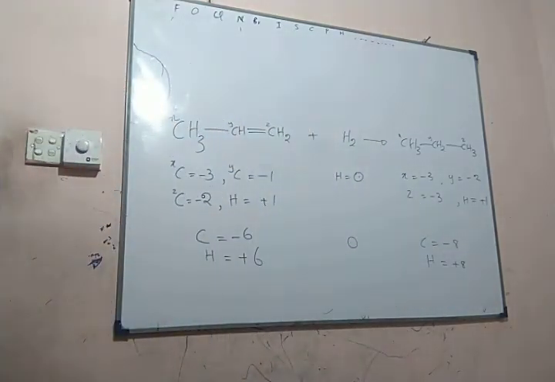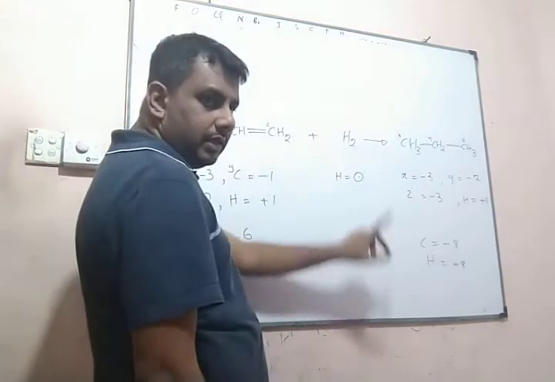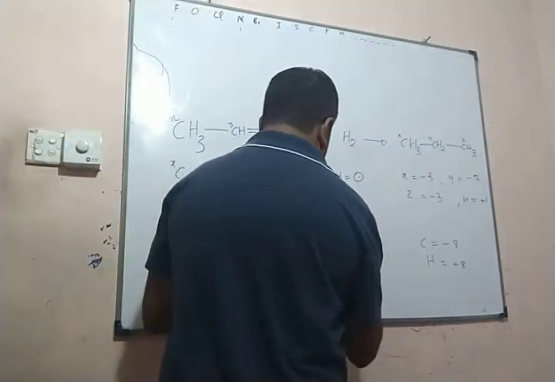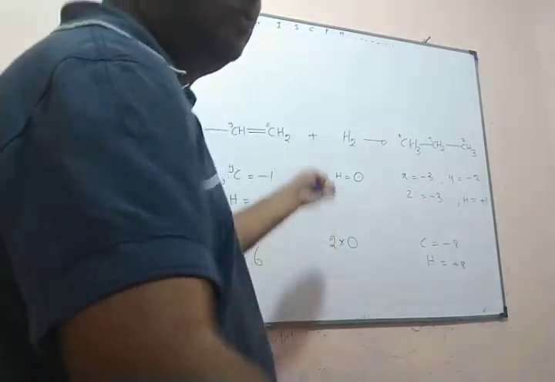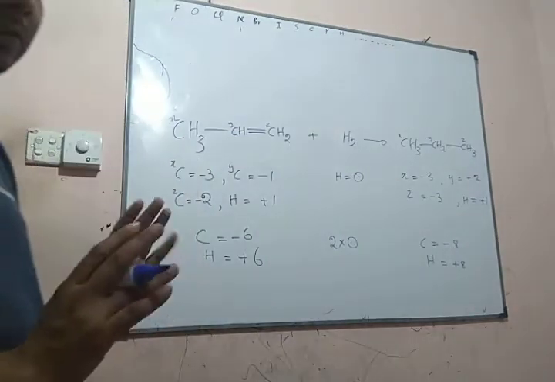So what can you say? Okay, cumulative oxidation state of hydrogen here is 0, right? Okay, I'll write it as 2 into 0. Right, 2 hydrogen, 2 into 0. Yeah, it's 0, always it's 0.